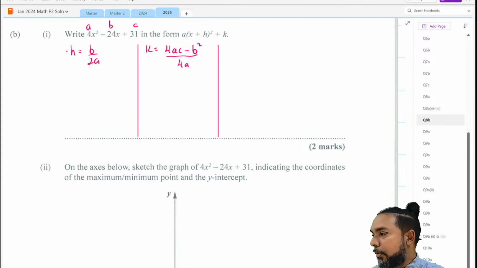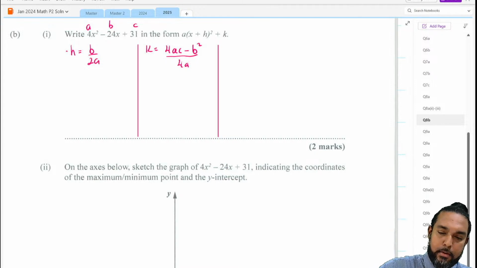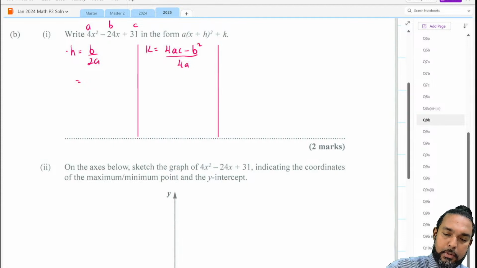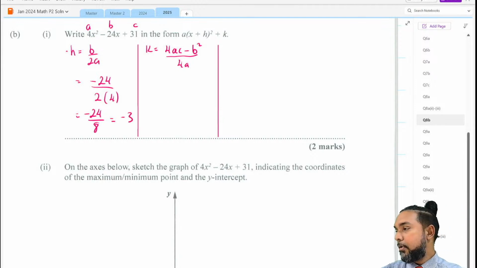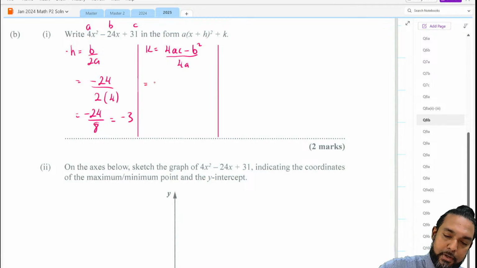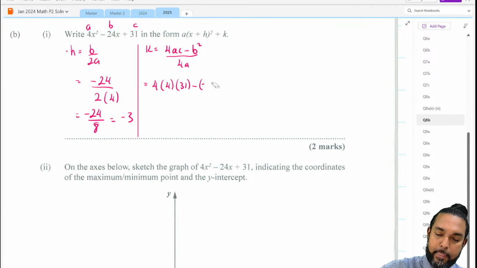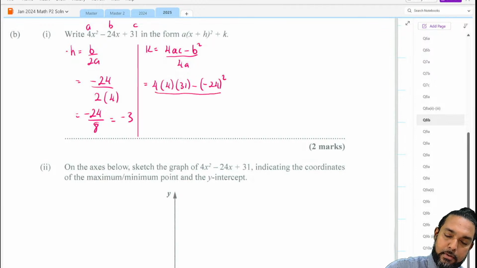All right, let's check it out. So b is minus 24, all over 2 by a, which is 4. So you have minus 24 over 8, which is minus 3. And for this one now, you have 4 by a by c, minus b squared, all over 4 by a.